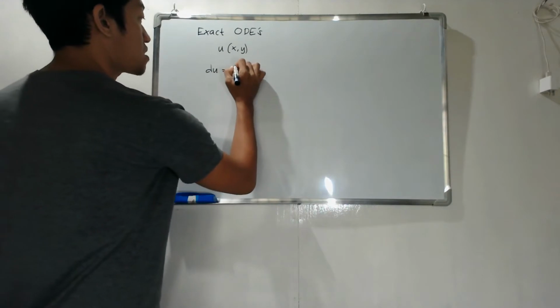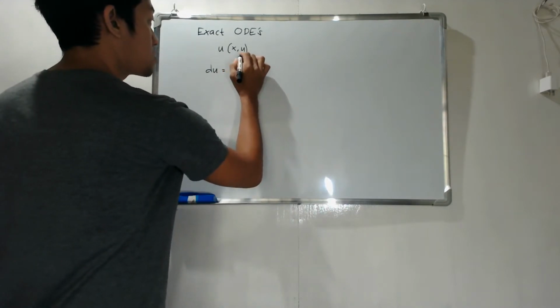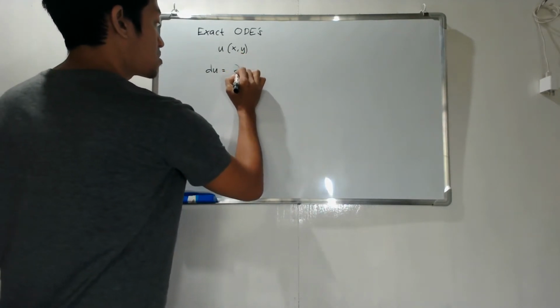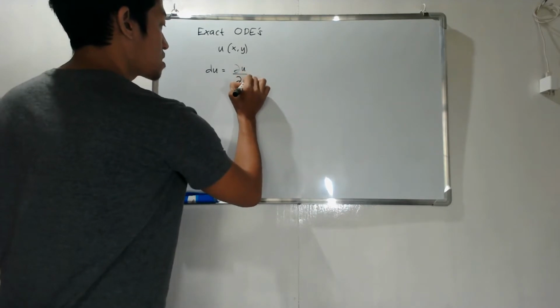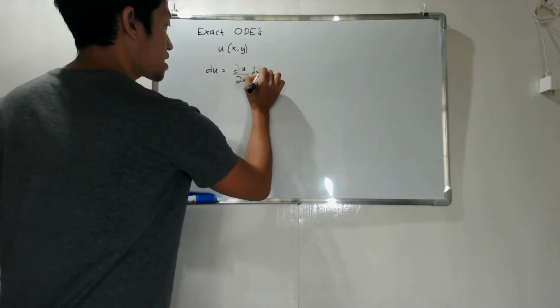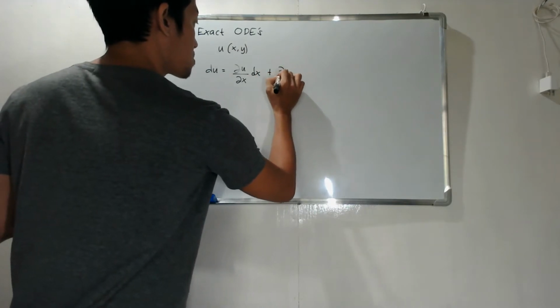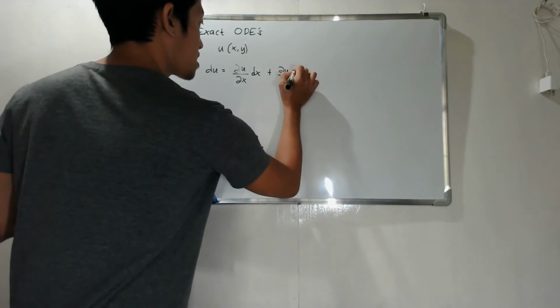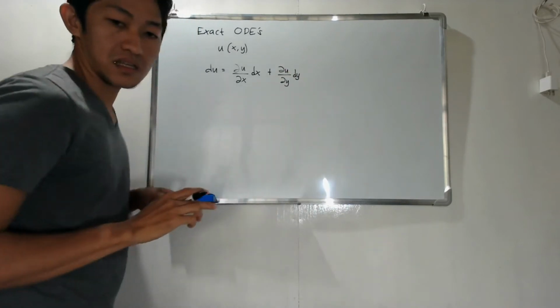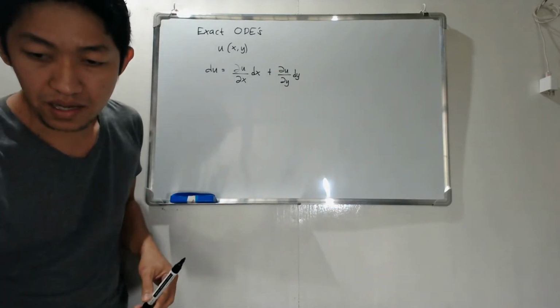This is just equal to the partial of u with respect to x dx plus partial of u with respect to y dy. Okay?